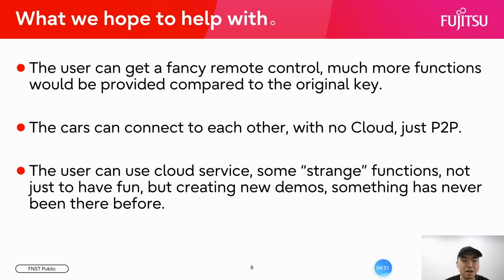Secondly, I also want to try to establish a wireless connection between the cars as point-to-point. In this connection, there's no help from the cloud service. It's just a private connection between the cars.